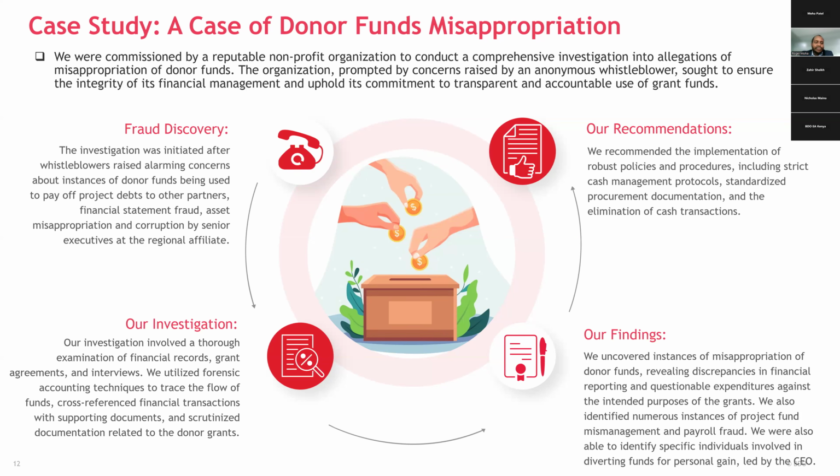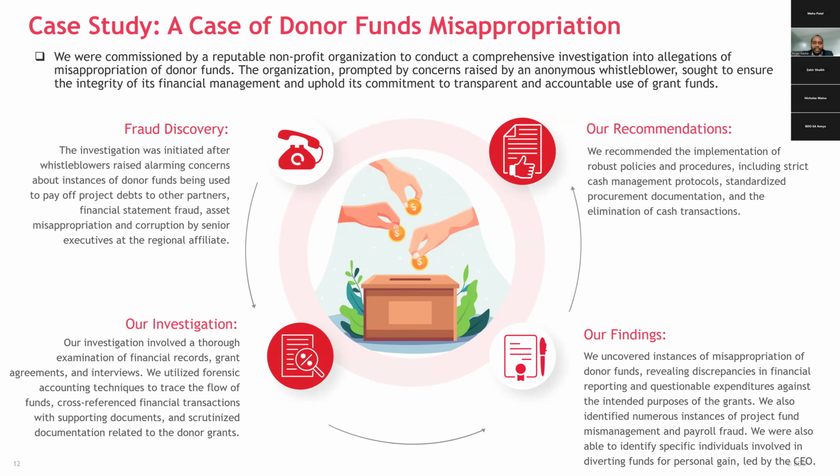So obviously the whistleblower shared very alarming concerns about the donor funds in this particular case of being used to pay off other partners. There was instances of fraud, financial statement fraud, asset misappropriation, and corruption by various senior executives at the regional office of this organization. So they wanted us to investigate these claims.